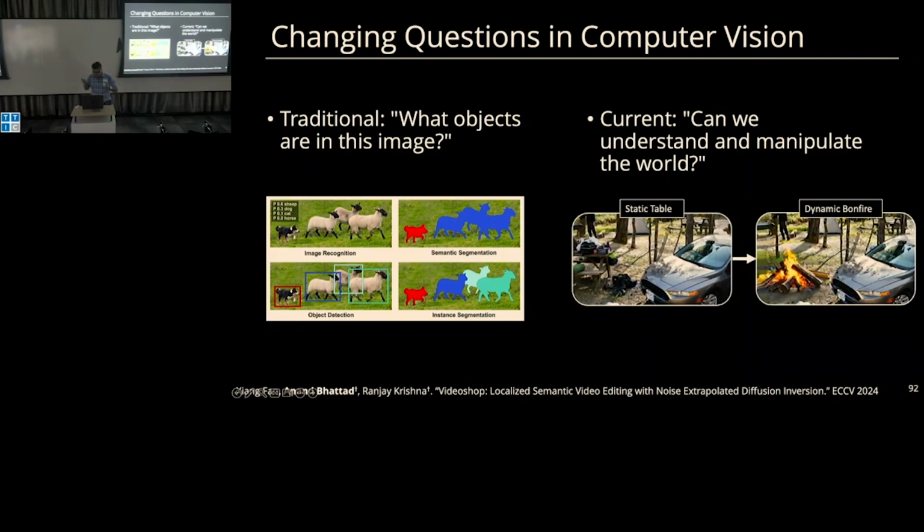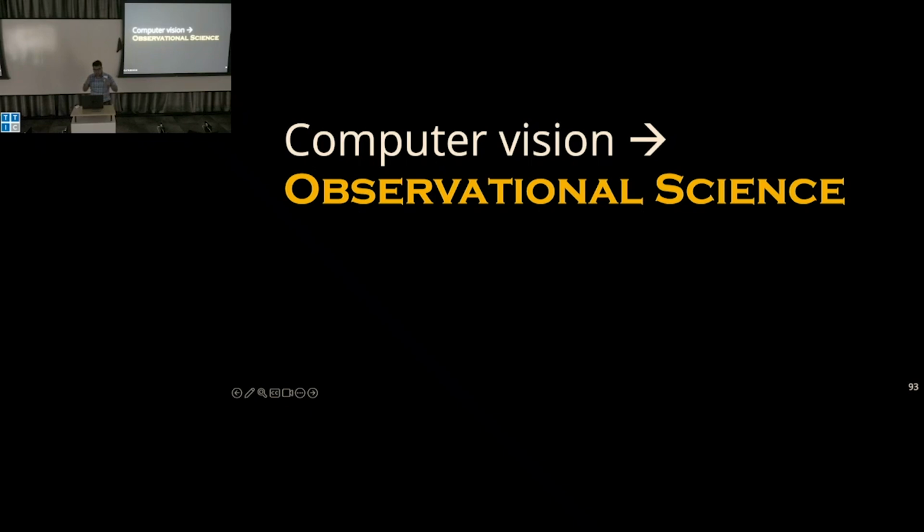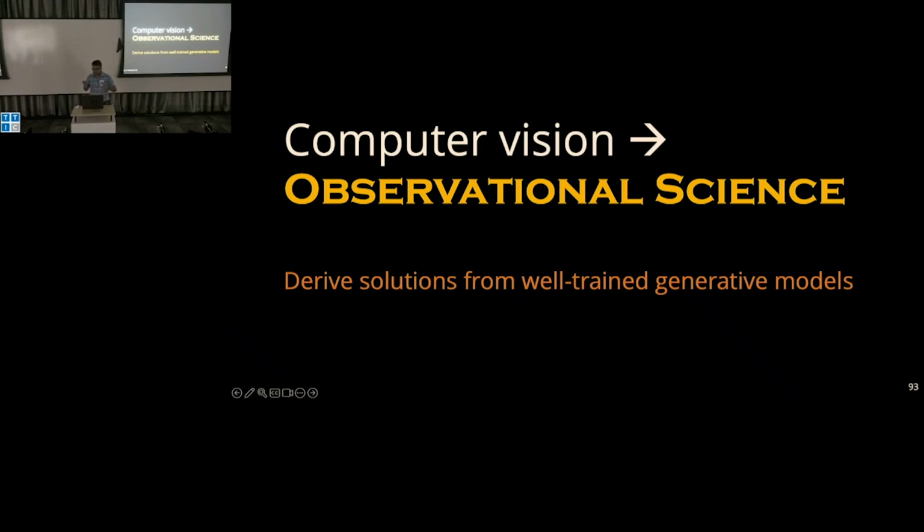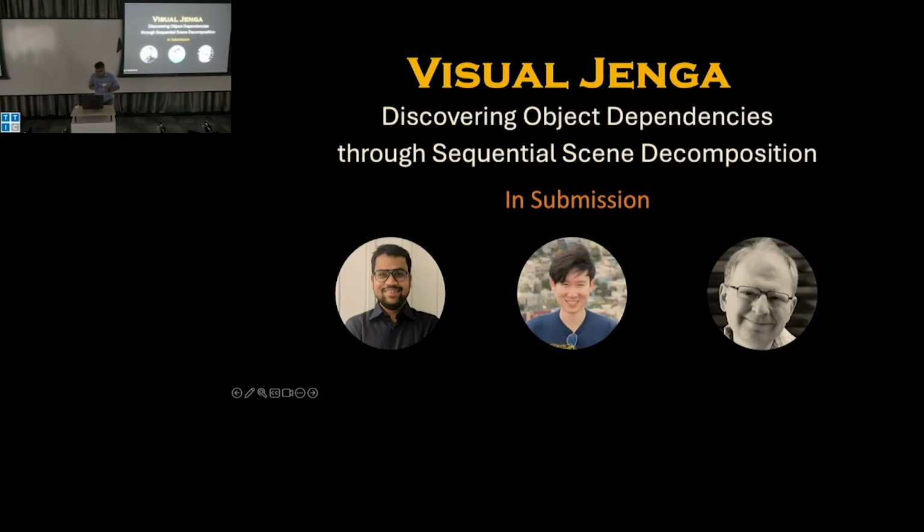What has changed is that computer vision is slowly moving towards observational science. We can derive solutions from well-trained generative models. If a model has learned to generate images, we can use it to derive solutions that we are interested in.